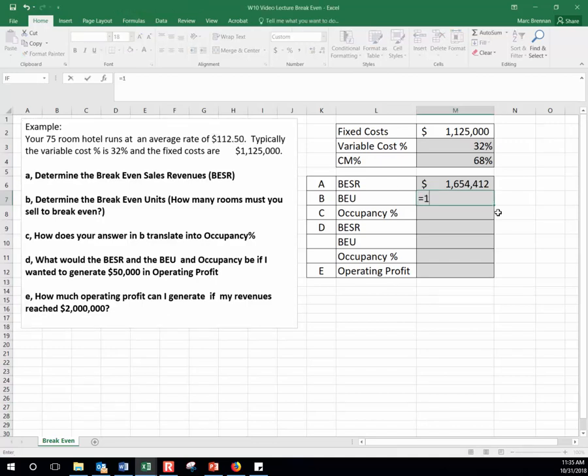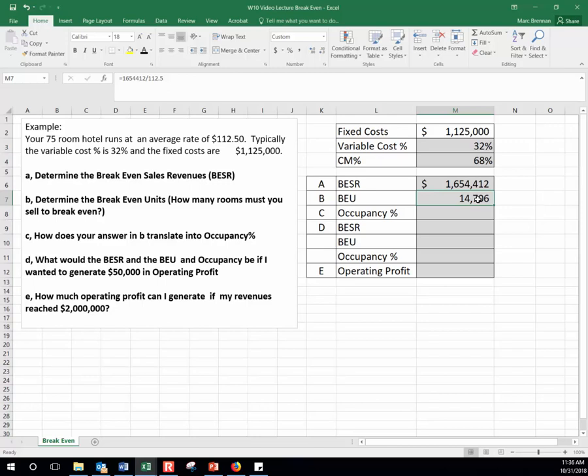So we take our break-even sales revenue divided by the rate we're going to sell at, $112.50. So we need to sell 14,706 rooms at the $112.50 rate in order to break even. Great information to have, because now we can start to understand what that means.